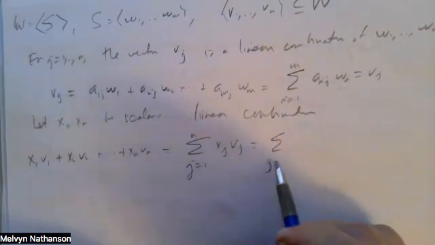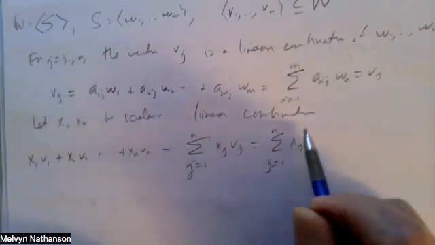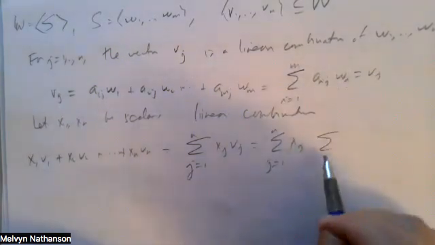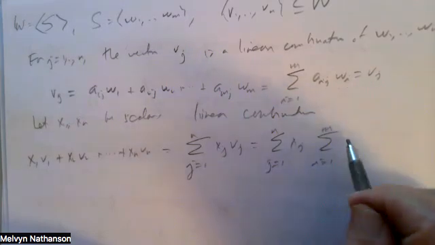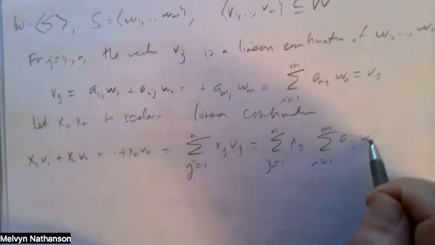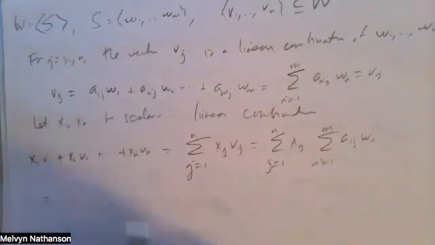So this is the summation j goes from 1 up to n, xj times the summation i goes from 1 up to m, aij wi. These are finite sums, and I can interchange the order of summation.